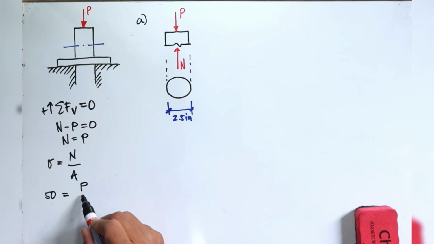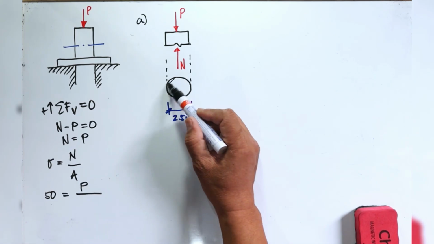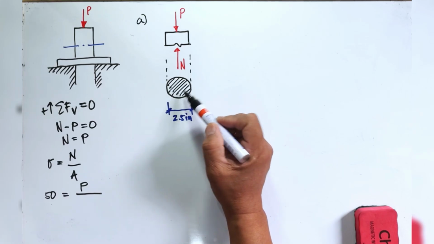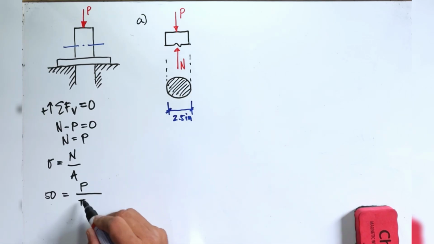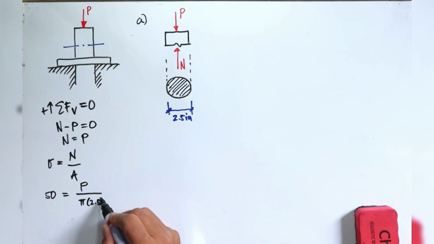So this is P, and the area would be this one, that's pi times the diameter 2.5 squared over 4.